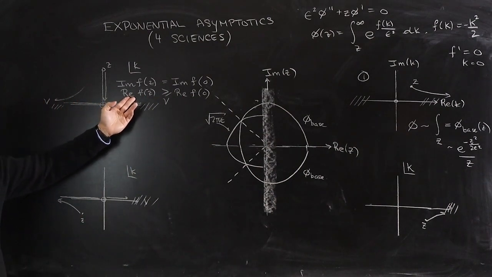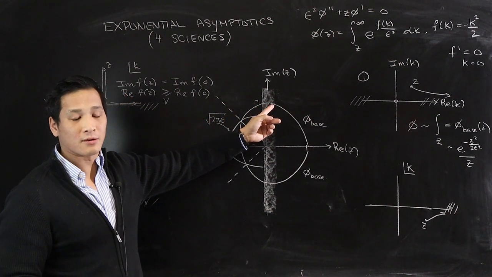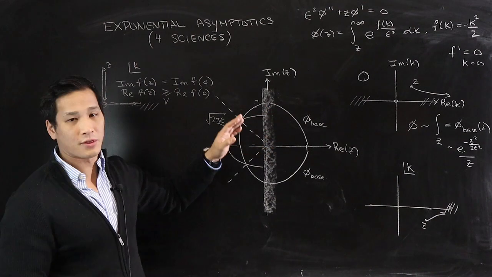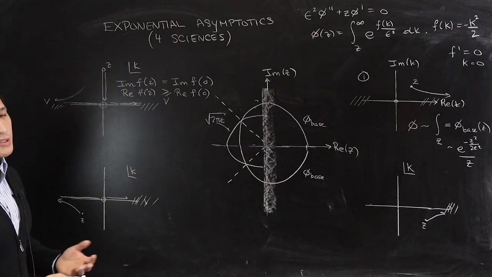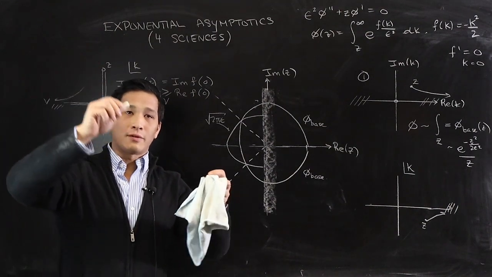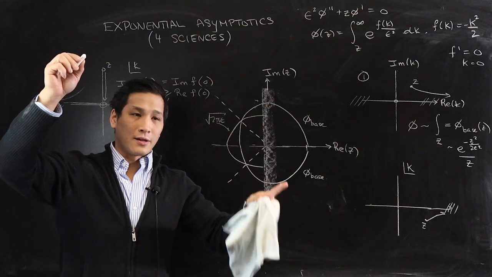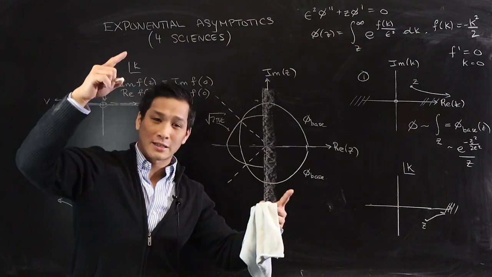So this criterion says that essentially the exponential that's doing the switching has to reach peak exponential dominance over the thing that's being switched on. Okay? Which is essentially just saying that you have now two contributions along your path of steepest descent, a Z contribution and a saddle point contribution, and the saddle point has to directly lie along the path of steepest descent, and it has to be lower.